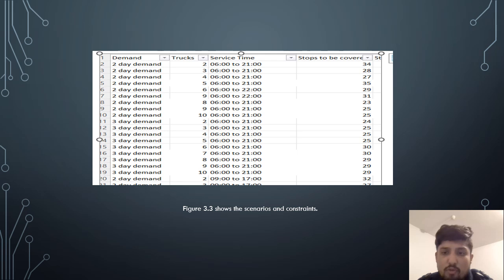These are some stops to be covered in each scenario. Using the RANDBETWEEN function and the visit frequency, we created scenarios to get optimal routes and test whether they are feasible in ODL or not.